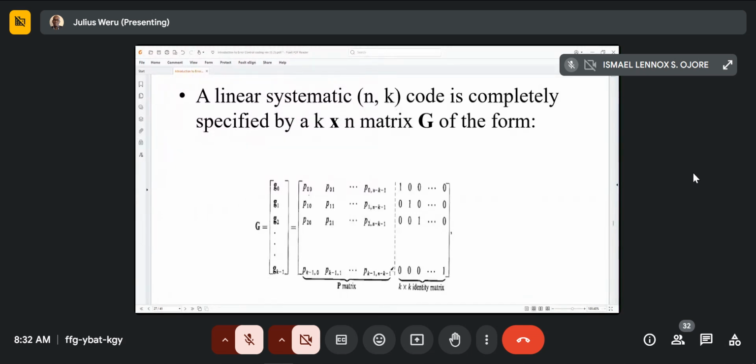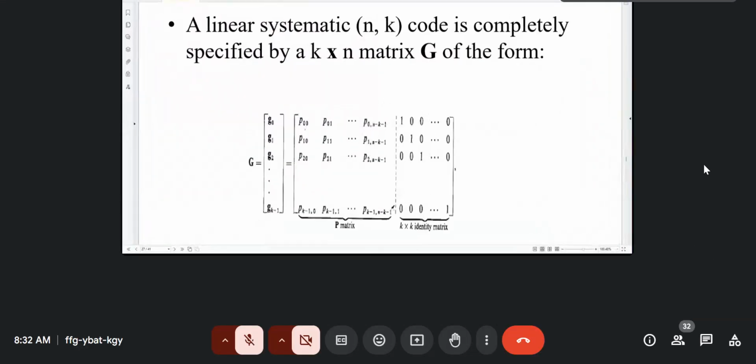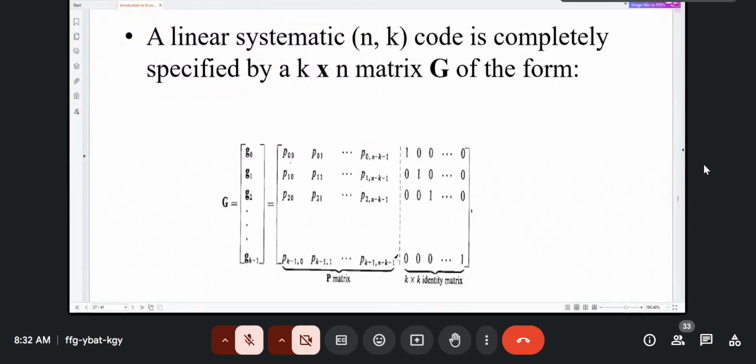So in this case, we are dealing with a linear systematic code. We have used the linear systematic code case to demonstrate our error detection and correction because it is easy to generate the error checking matrix. Because at the end of the day, you want to be able to check the error checking matrix, which you are going to use as the receiver to check whether there is an error or not.